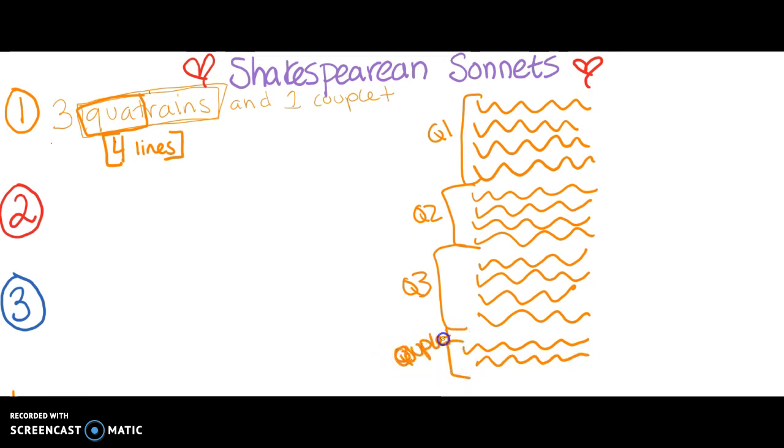This is just the 1 couplet that exists in the sonnet. So we've talked about the quatrain and the couplet. Let's talk about the structure of each line. So we have 3 groups of 4 lines and 2 down here. So that's 14 lines. Each line has the same structure, and they follow that structure.